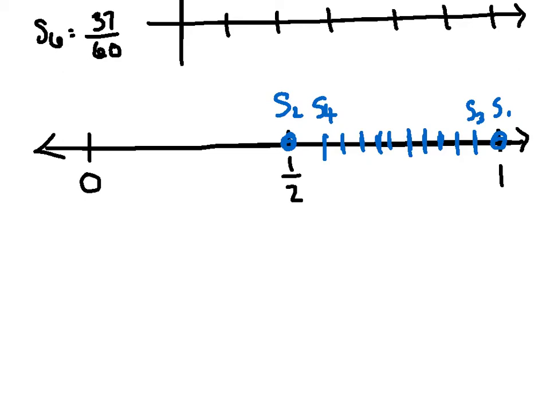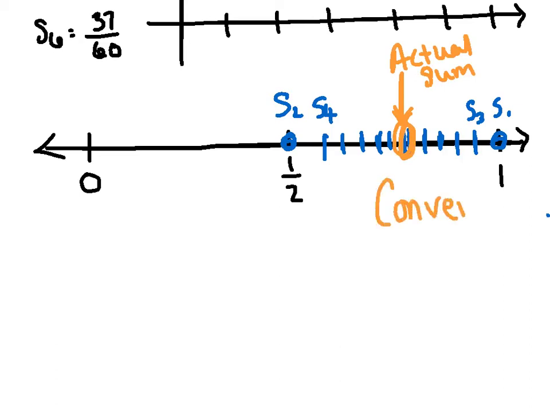It's almost like one of those crazy dreams you used to have when you were little and the walls were closing in on you. And that's what's happening with this alternating harmonic. In fact, the real sum is happening right there somewhere. We'll call that the actual sum. It's somewhere inside there, and that's enough to convince me that this sucker really does converge for sure.